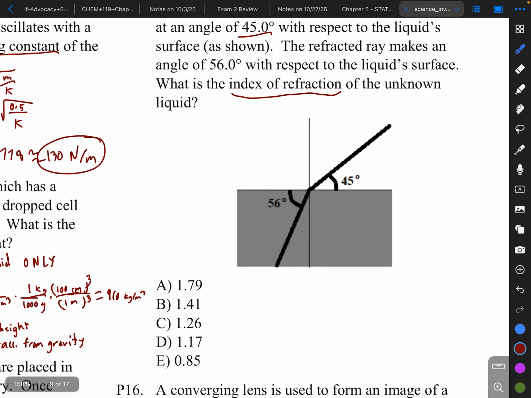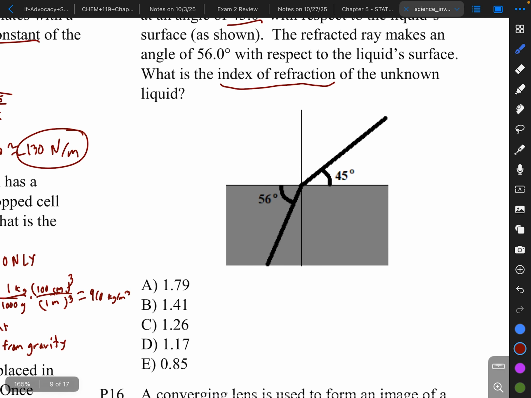So what we need to use for this question is Snell's law, which states that the index of refraction for the first surface times sine of the angle that the ray makes with the horizontal equals index of refraction 2 times the sine of the angle that the refracted light makes with the horizontal.